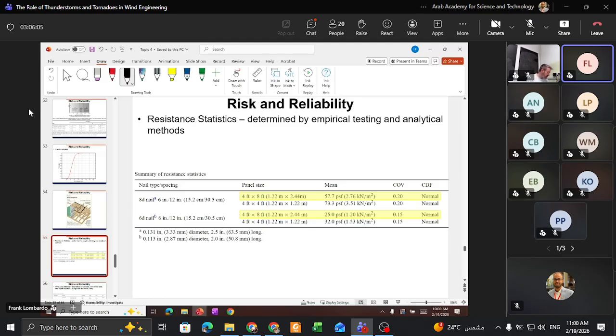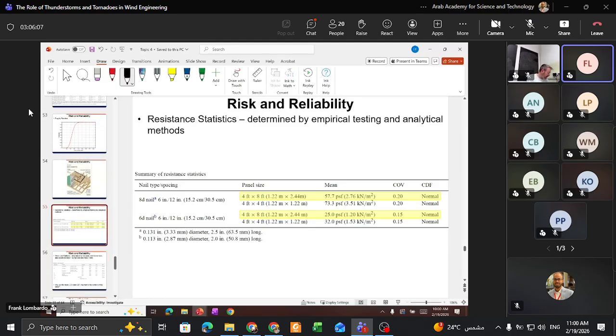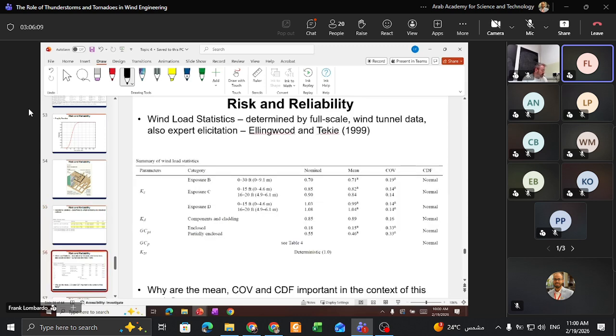So here's the resistance. I give you the dead load. Here are some of the statistics for the wind load. I think there's a lot of room for improvement here. In the ASCE context, in addition to V squared and CP, which I'll show in a second, we have things like KZ, KD, and the pressure coefficients GCPI and GCP.